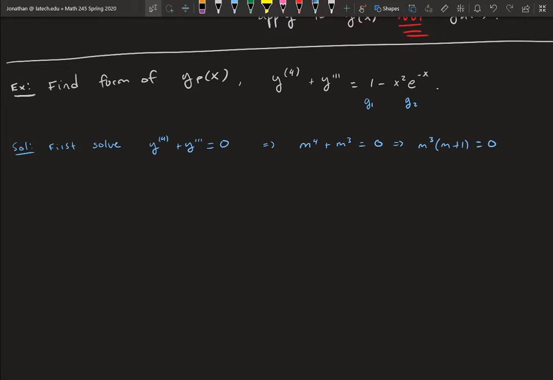All right, so let's see, that's going to be m equals 0, multiplicity 3, m equals negative 1, multiplicity 1.